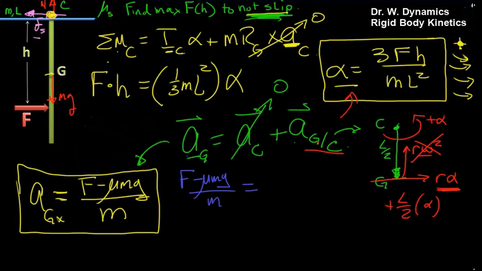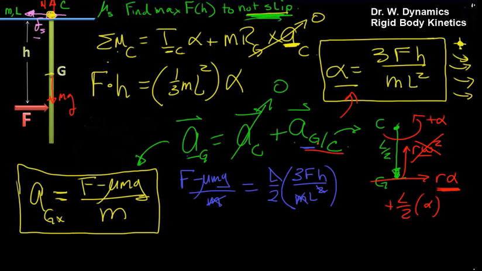And that's equal to this, which would be L on 2 times our alpha value, which is 3FH over ml squared. And one of the L's goes. Both of these M's can go here.